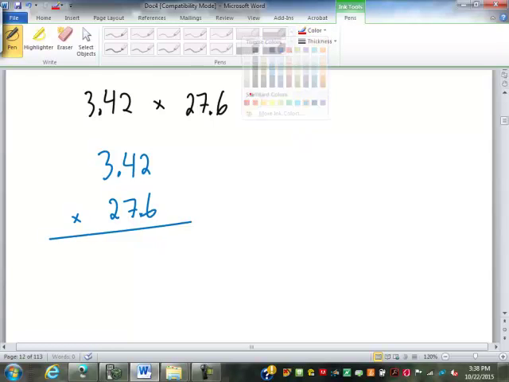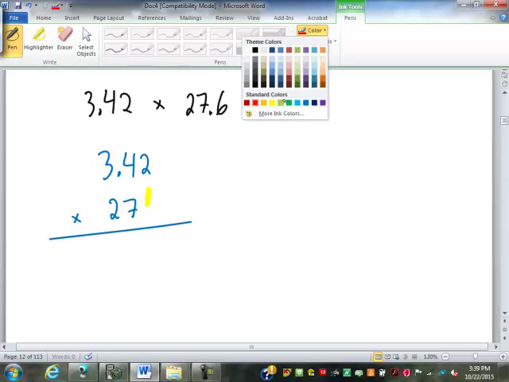Because of that, every digit in the top number can be combined with every digit in the bottom number, just like with whole numbers. So we don't have to line up the decimal points because we're not worried about lining up columns and place values. The tenths here can combine with the hundredths here, as well as with the tenths up there. So remember, our long multiplication is just an organized method.